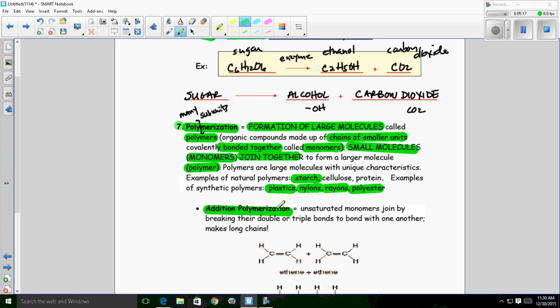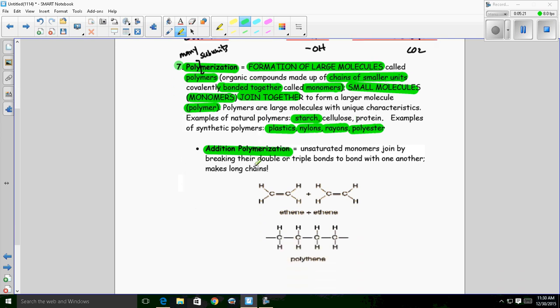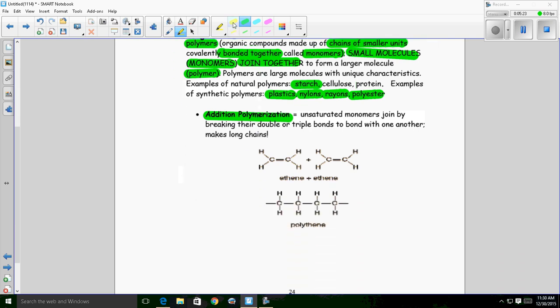Okay, so let's focus on the first type of polymerization, called addition polymerization. With addition polymerization, we are going to be dealing with unsaturated hydrocarbons.